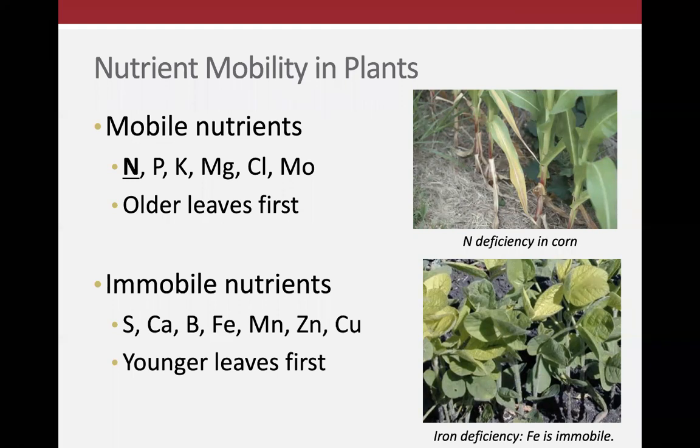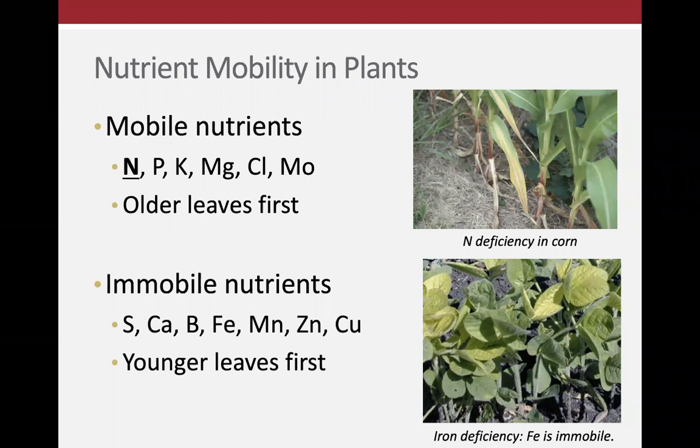Contrary, immobile nutrients, nutrients that plants cannot essentially translocate, include sulfur, calcium, boron, iron, manganese, zinc, and copper, okay? So most of the micronutrients, and certainly the micronutrients that we find commonly deficient, which would be things like boron, zinc, manganese, and copper in Ohio, those are immobile.